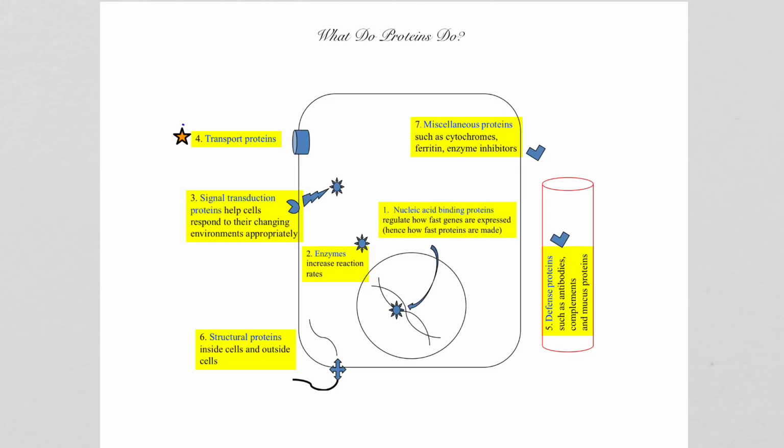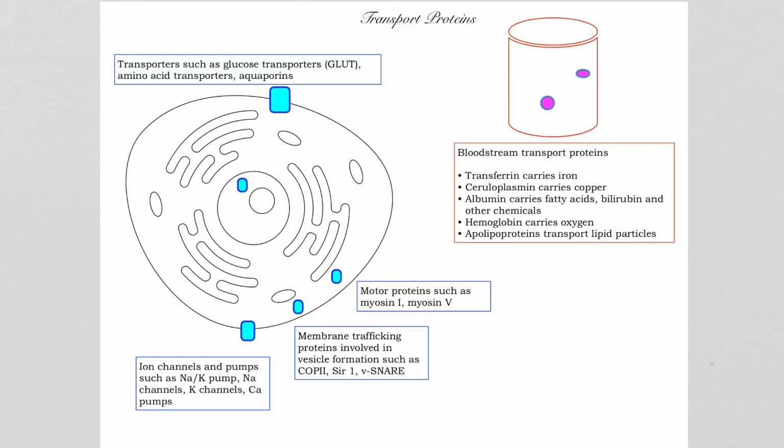So the fourth type of protein class is the transport proteins. As their name suggests, they are involved in a very important cellular activity, which is transport. So examples are transporters such as the glucose transporter.